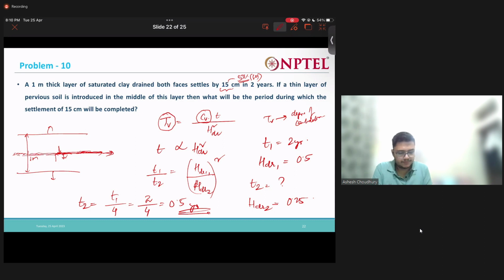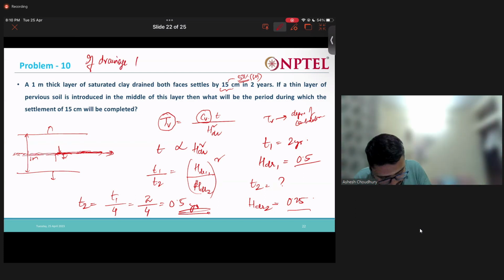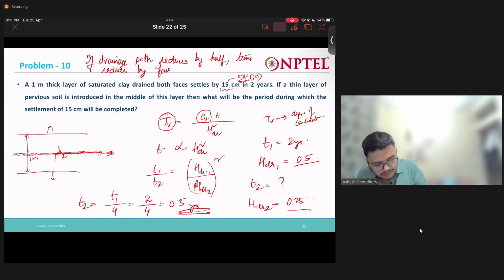All right. So previously the drainage path was this much, now the drainage path is less. So we can write, if drainage path reduces by half, time reduces by how much? 4 times. So if the drainage path reduces by half, my time reduces by 4 times.